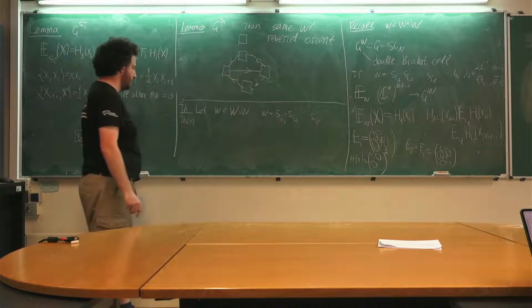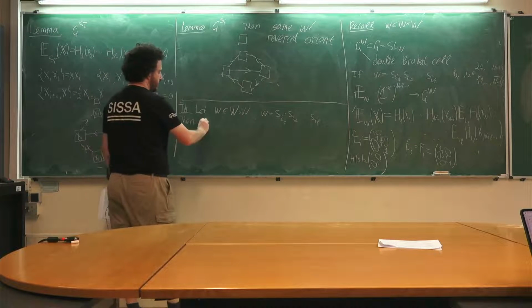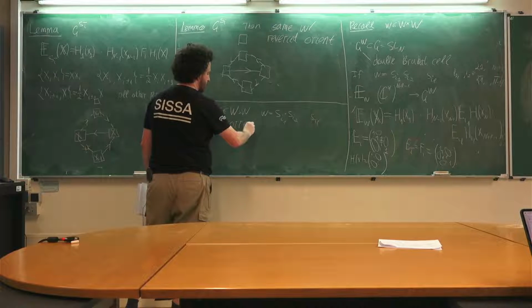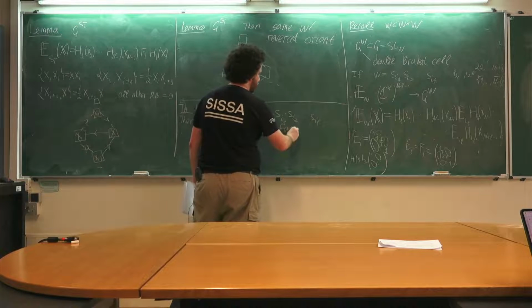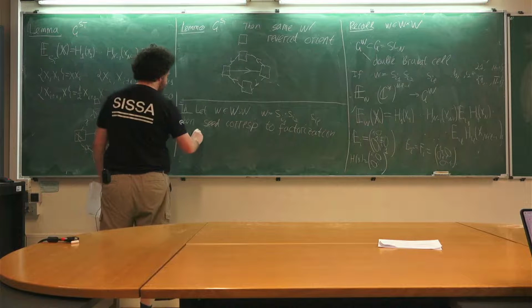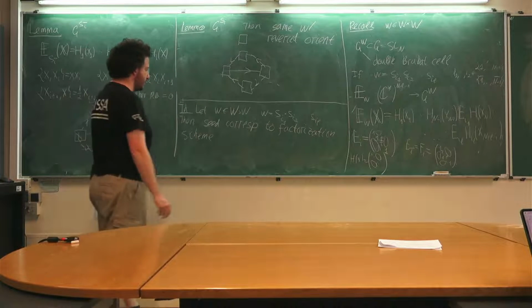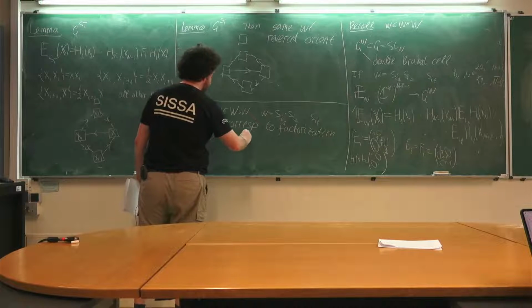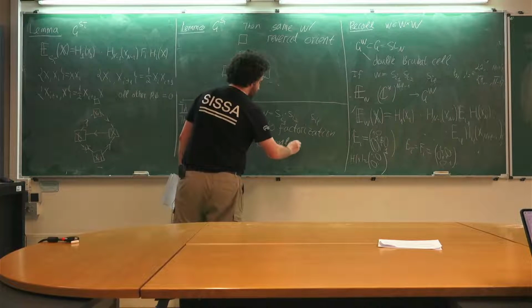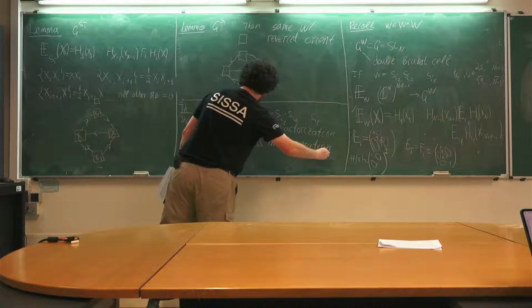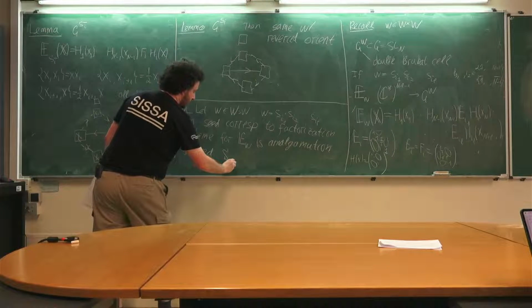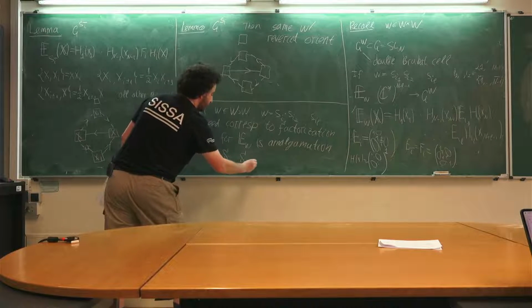Then the seed corresponding to the factorization scheme for E W is the amalgamation of seeds Si1, Si2, ..., SiL.